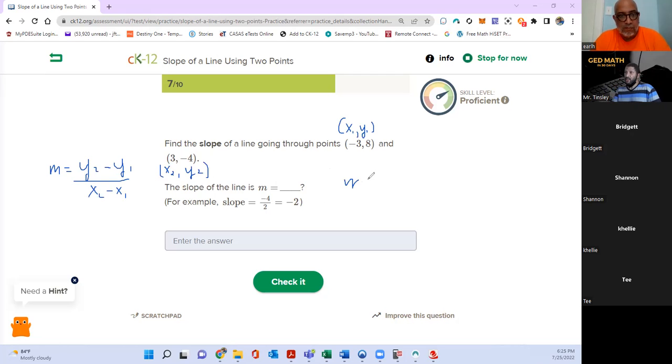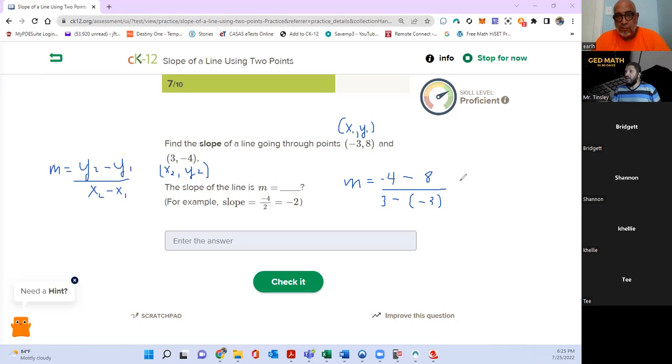So M equal y2 is -4 minus y1 is 8 over x2 is 3 minus x1 is -3. So in parentheses, I'm gonna put a -3. The reason why I put it in parentheses is because I don't want the negative and the minus sign that's in the formula to be confused.